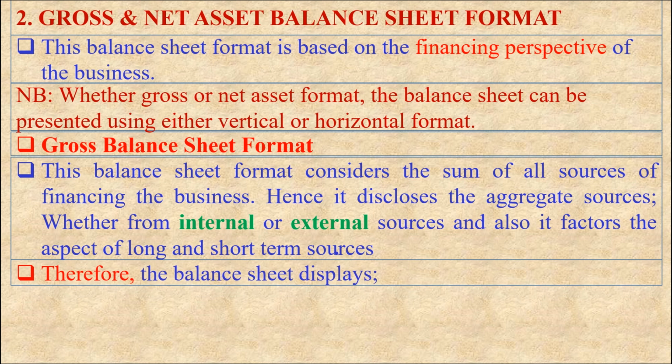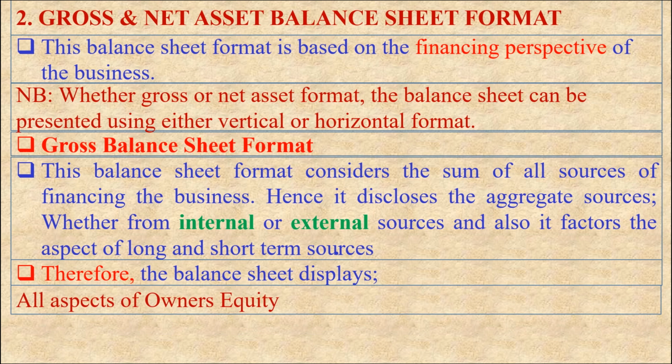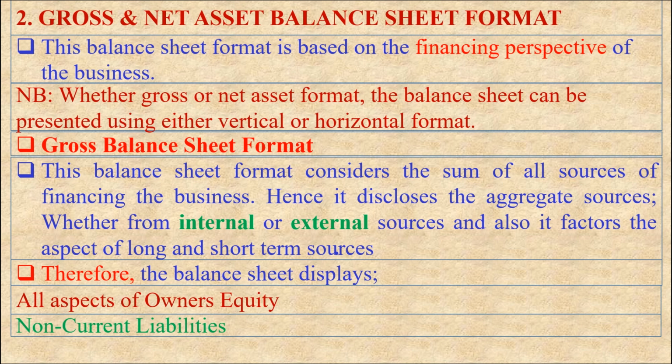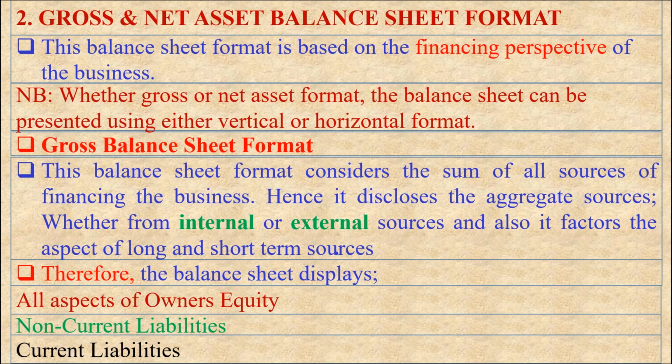Therefore, the balance sheet of this nature will display all the aspects of owner's equity, non-current liabilities, and current liabilities as just one stance. So let's look at an illustration for that matter.